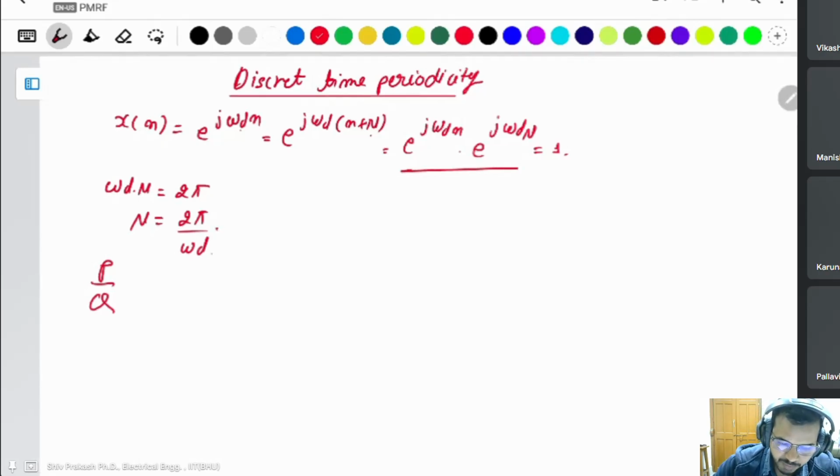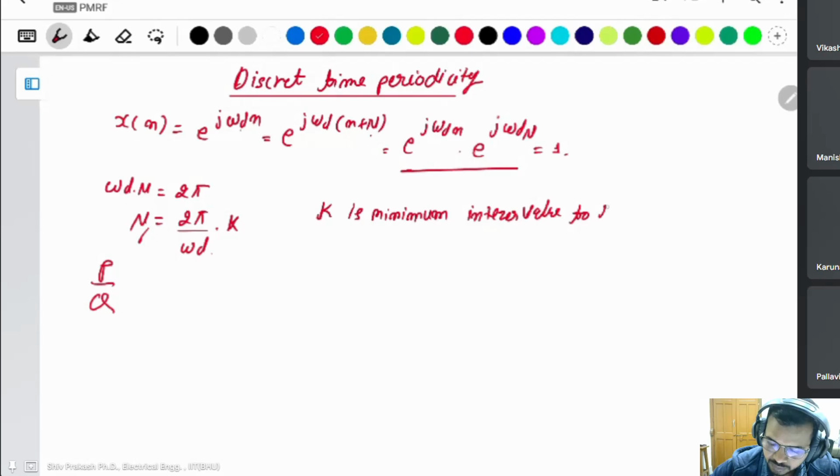Then you have to multiply with some constant k, which is the minimum integer to make the time period an integer.